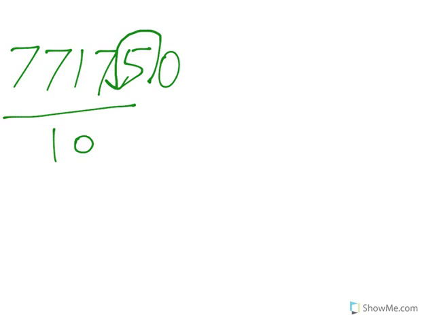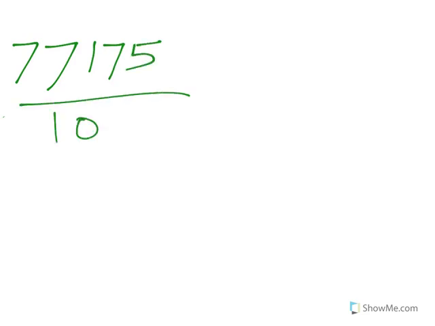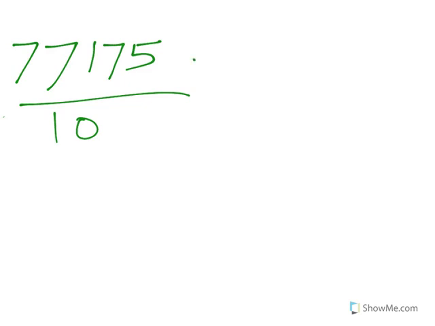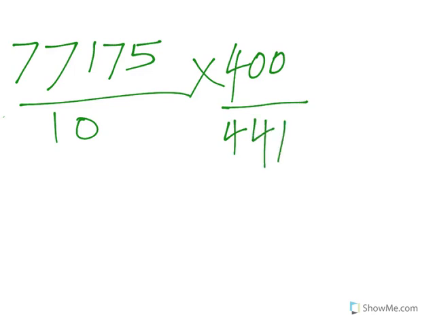Okay, but now it's messing with my space, so I'm going to write it again. 77175 divided by 10, and to cross multiply, 400 divided by 441, which is equal to the principal.